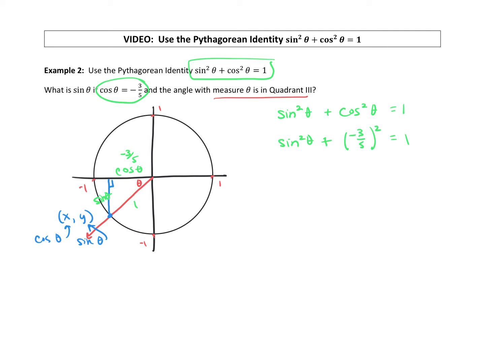So we can square a triangle. Negative 3/5 times negative 3/5 is a positive 9/25 equals 1. Let's solve for sine. So we're going to subtract 9/25, subtract 9/25.